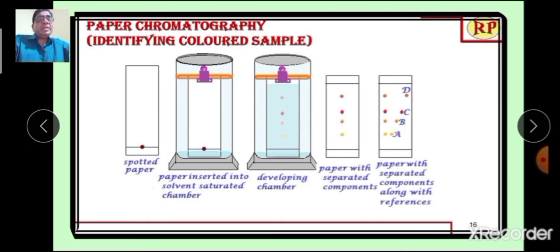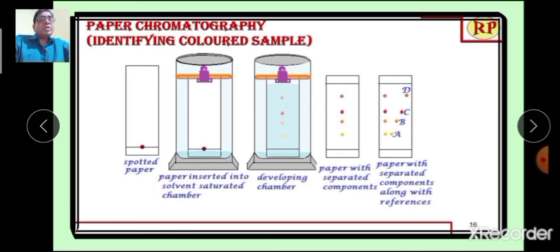The development is done depending upon two factors: development of the solvent for a required time, or development of the solvent for a required distance. Here the solvent front is allowed to develop for the required distance. Here the solvent front travels the distance.